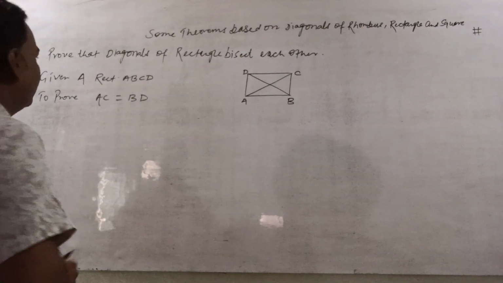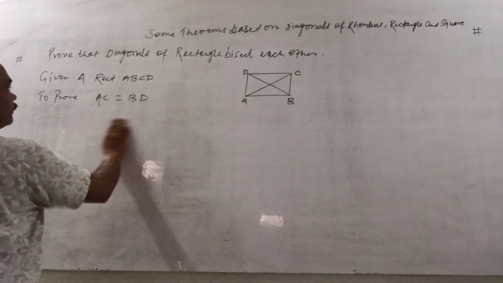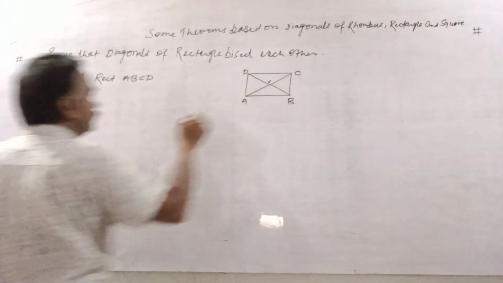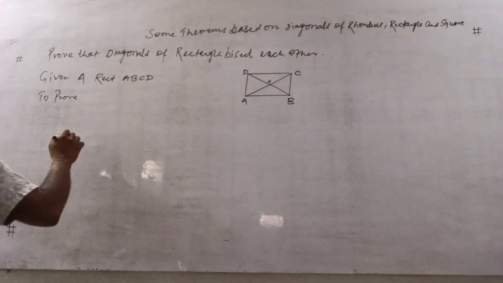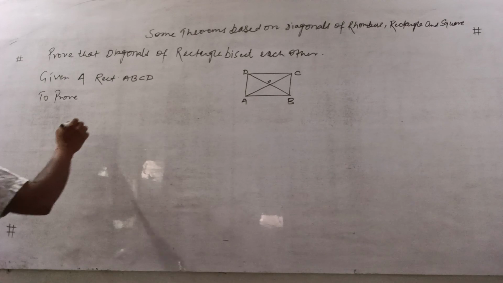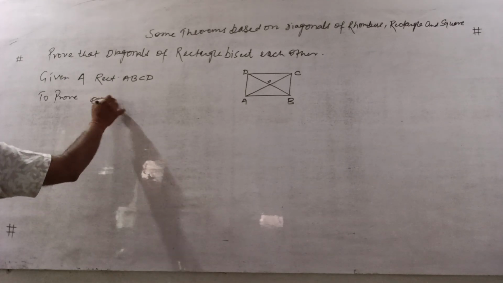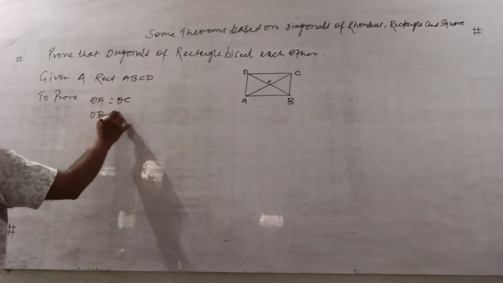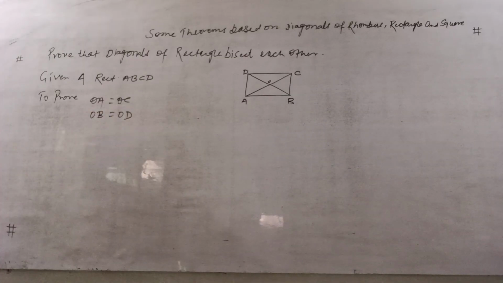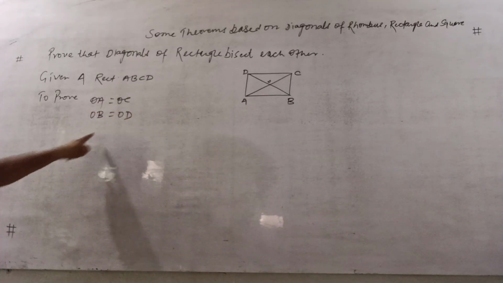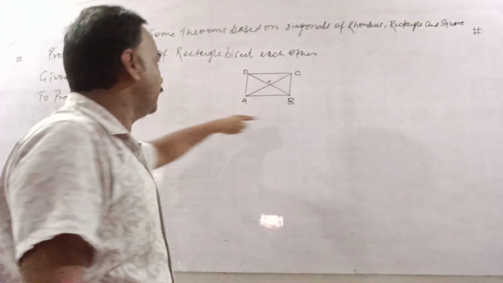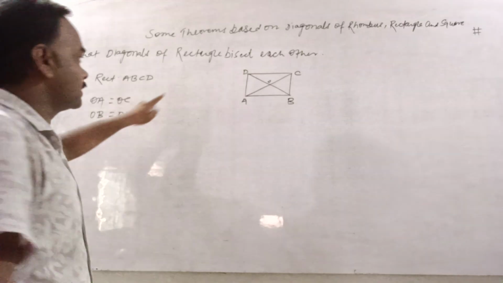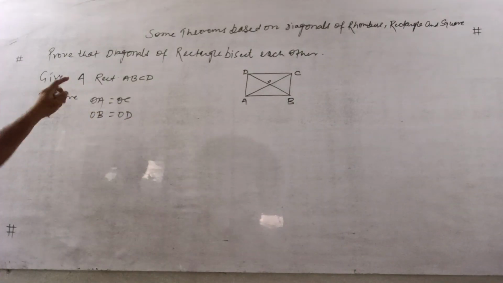So given here is rectangle ABCD, and to prove is side OA is equal to OC and OB is equal to OD. Diagonals of a rectangle bisect each other. First we proved diagonals of a rectangle are equal, meaning AC equal to BD, and now we are proving that diagonals bisect each other, meaning OA is equal to OC and OB is equal to OD.